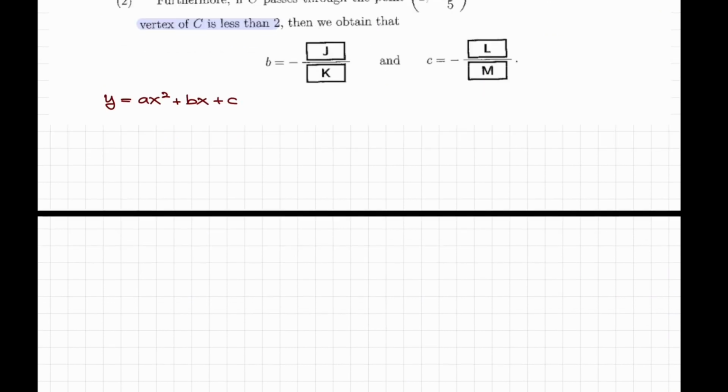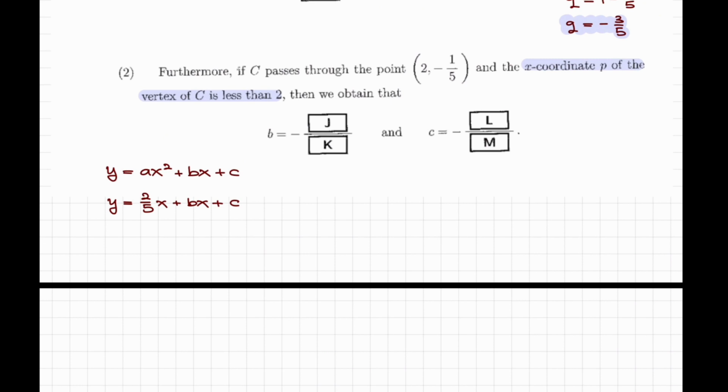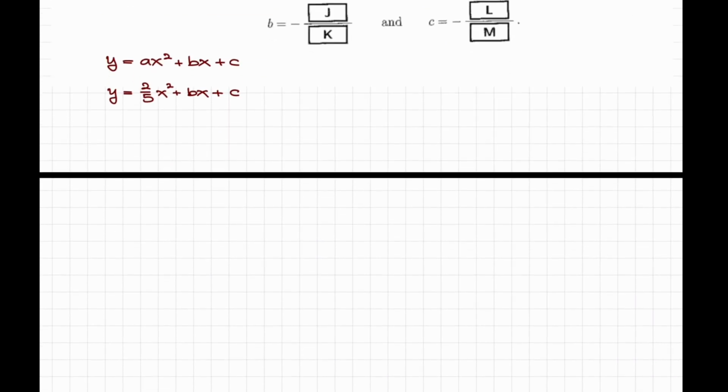So now our function is y equals 2/5 x squared plus bx plus c. I will substitute y with -1/5 and x with 2, then I will obtain my first equation.